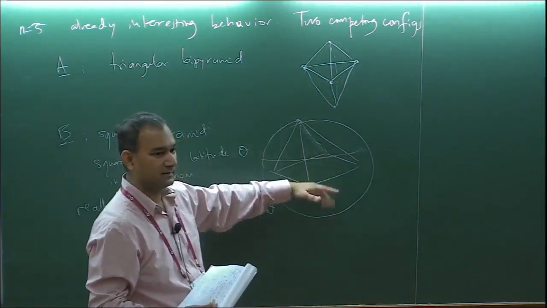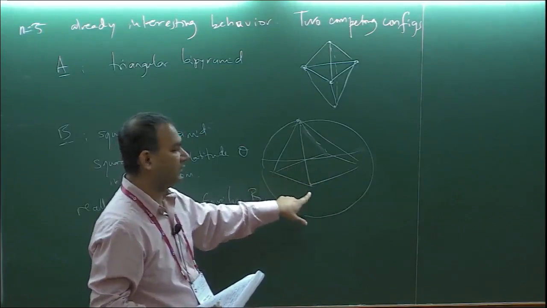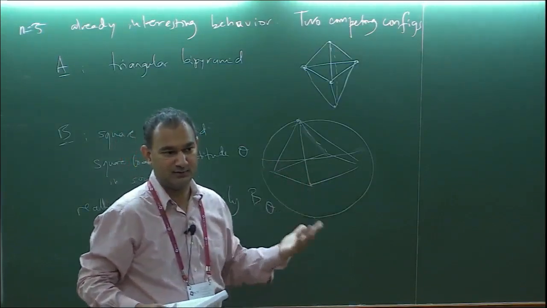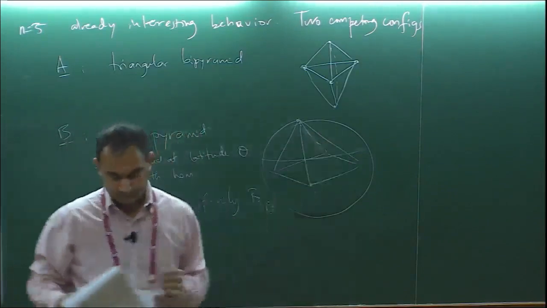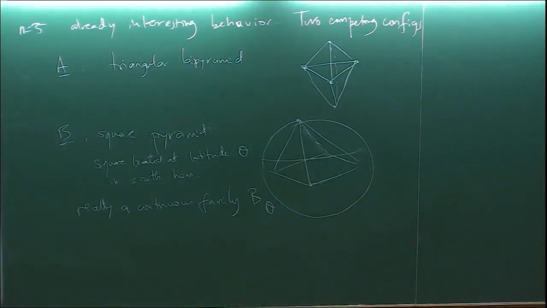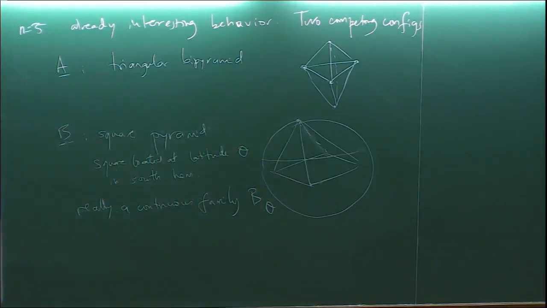If you let it be in the southern hemisphere, then the spherical angles between 2 points in the square will be smaller, and you don't want that for the spherical code problem. So in some sense, this degenerates to the square pyramid with the square on the equator when k goes to infinity. But if k is very large, it's a good question which one wins.